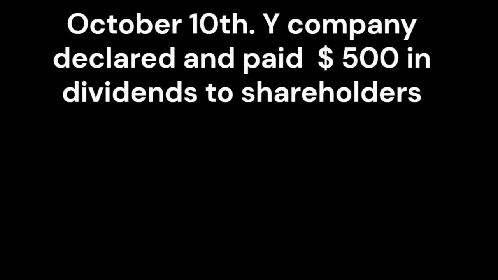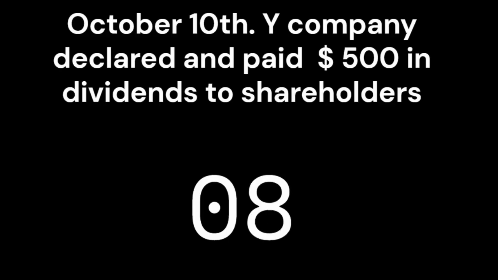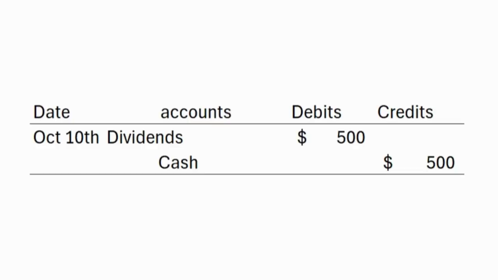October 10th. Y company declared and paid $500 in dividends to shareholders. Answer. Debit dividends $500 and credit cash $500.